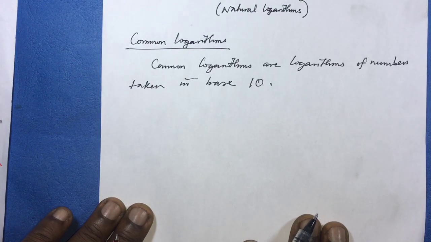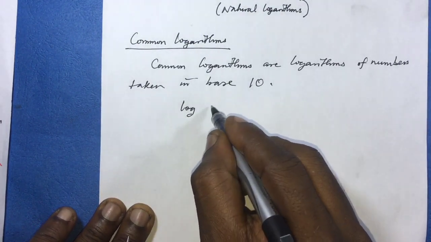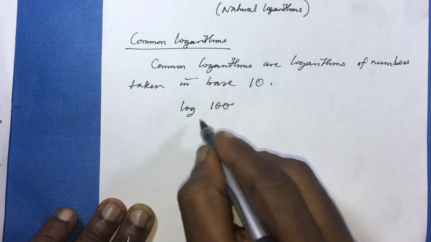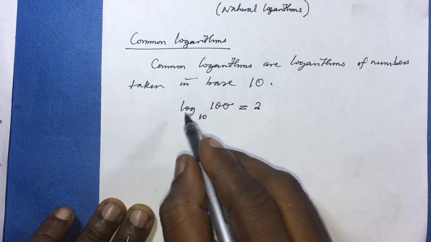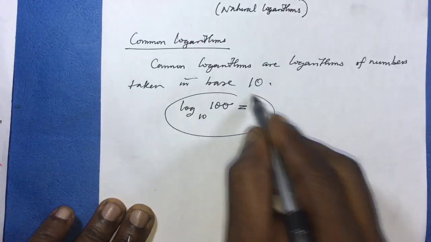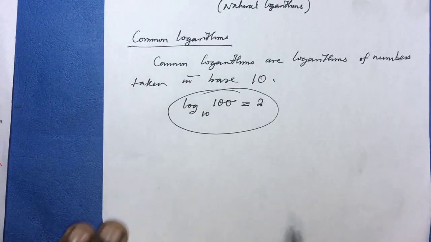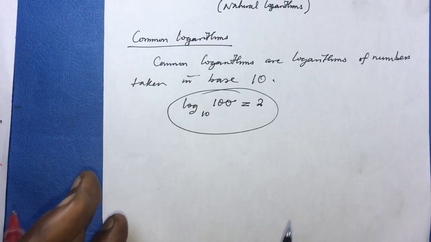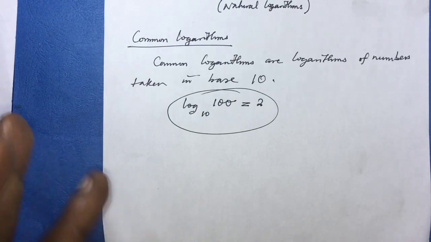So if I seek the logarithm of 100 in base 10, which in this case gives me 2, this logarithm I have just obtained is called the common logarithm of 100. Take note, you don't say the common logarithm of 100 in base 10, because once you mention the word common logarithm, it means you are taking the logarithm of that number in base 10.